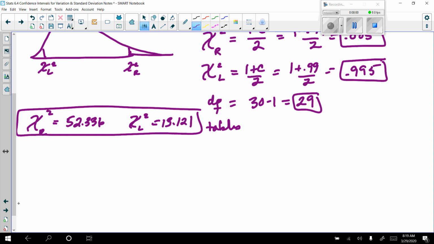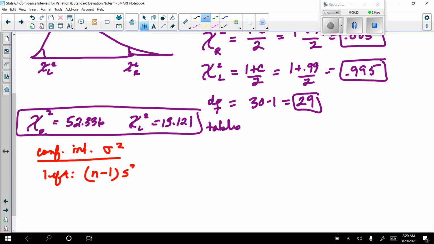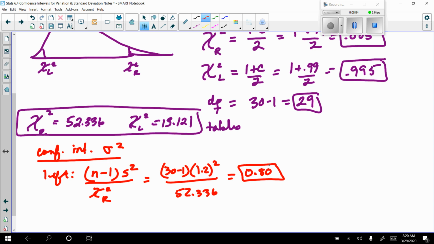From there, I can create my confidence interval for sigma squared, first by taking my n minus 1, times the sample standard deviation squared, divided by my chi-square for my right endpoint, which is going to give me, so 30 minus 1 times 1.2 squared divided by 52.336 gives me 0.80.